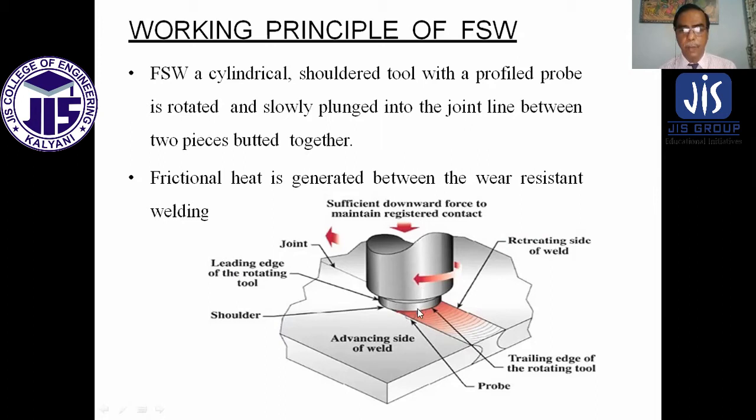This is the rotating side, this is the advancing side, this is the shoulder, this is the joint, the leading edge of the rotating tool, and the trailing edge of the rotating tool.